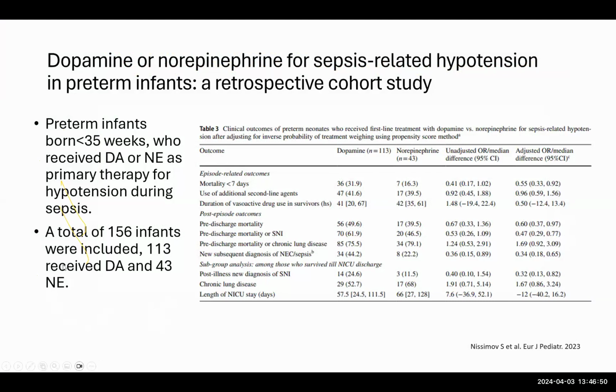With this kind of study, right now we are doing clinical comparative effectiveness research across the country, looking at the outcomes associated with dopamine versus norepinephrine in sepsis-related hypotension.